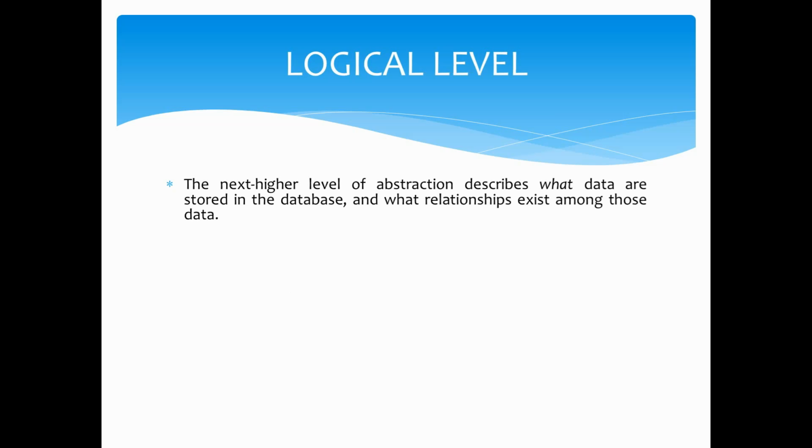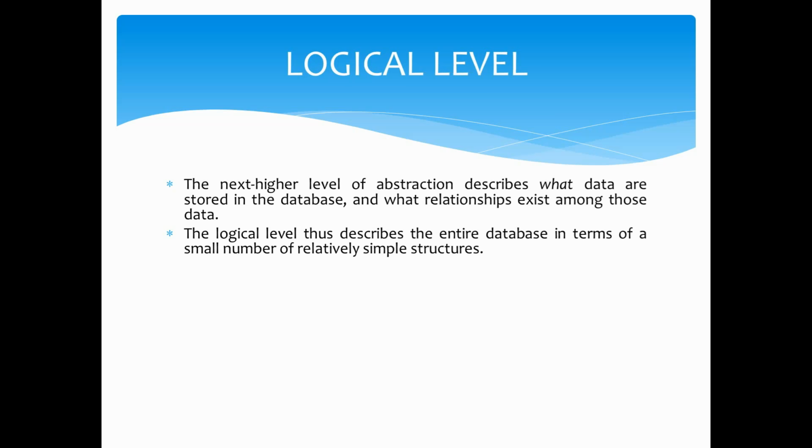Next, we'll see about the logical level. Logical level is the second highest level of abstraction. This level describes what type of data are stored in the database and the relationship between the data. Whether the table has a primary key, it should have a primary key. Is there a foreign key in the particular table?